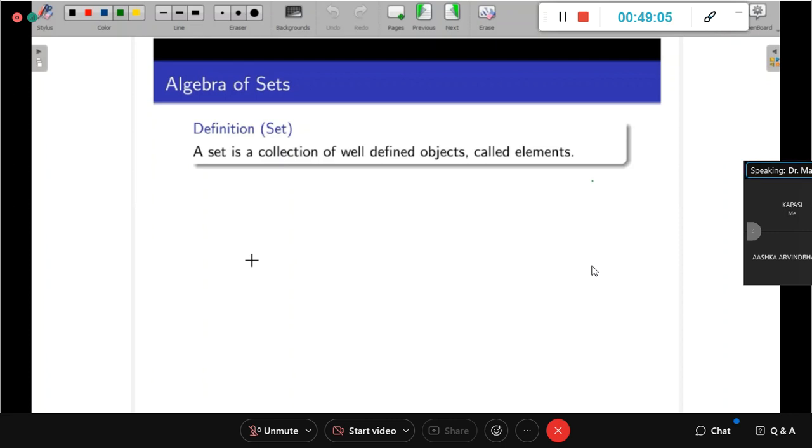So the very first thing: a set is a collection of well-defined objects, which we call elements. This word has a significant impact here. Well-definedness is necessary. For example, at present you are 285 students, meaning participants.